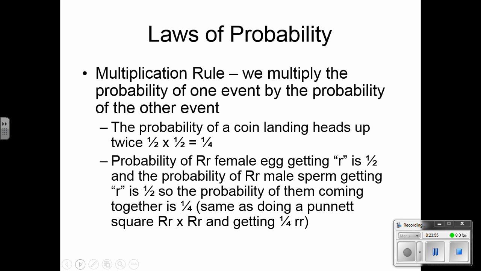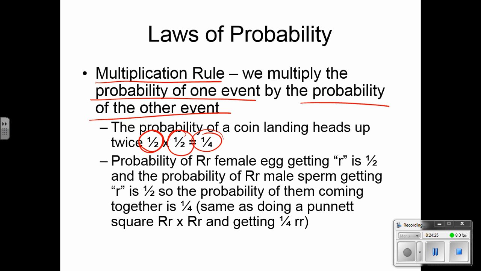When we know those, we can use something called the multiplication rule to multiply the probability of one event by the probability of another event. It's kind of like the coin landing heads up twice. There's a probability of it landing heads up 50% of the time in one flip and 50% of the time in the next flip. So together, for it happening twice, there's a 1/4 chance that you're going to flip that coin twice, and both times it's going to land heads up.